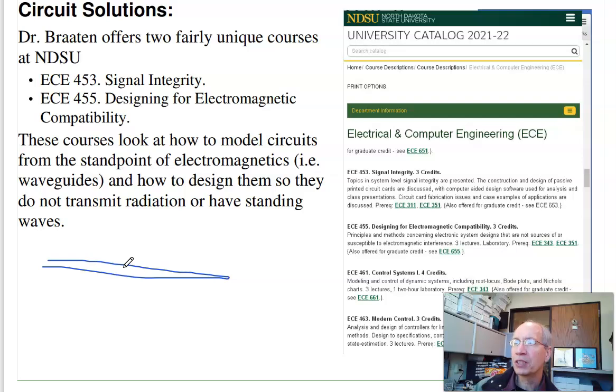So designing circuits at low frequencies is very, very different than designing circuits at high frequencies, like 100 megahertz. When you get to 100 megahertz or gigahertz, you need to take transmission line effects into account. That's what these courses are all about. And it's all about coupled second order differential equations, the wave equation.